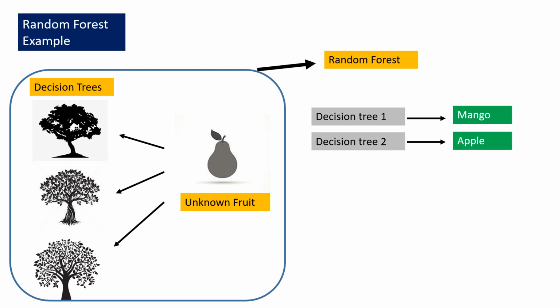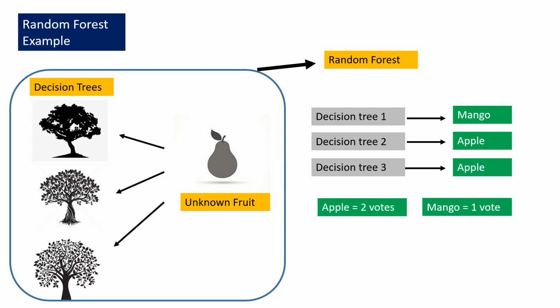The second tree says that it's not a mango, it's a pineapple. And the third decision tree again predicts that it is an apple. Right? So, random forest says that, okay, I have two votes for apple. So, this particular fruit is an apple.